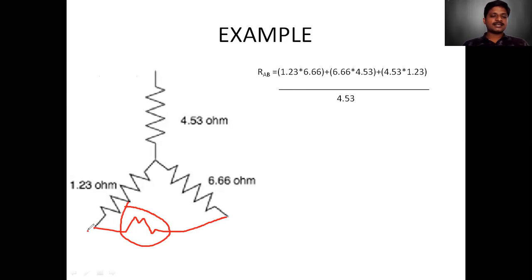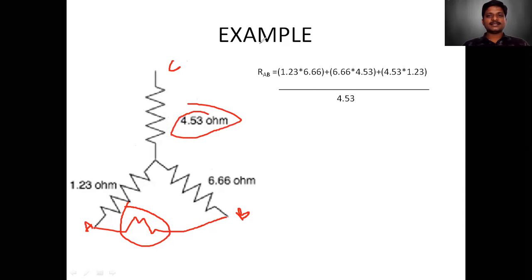So let us take this as A, this as B and this as C. If you assume like that, then RAB is equal to RA RB plus RB RC plus RC RA by the opposite, that is RC.